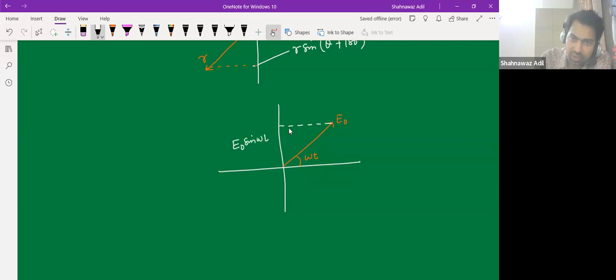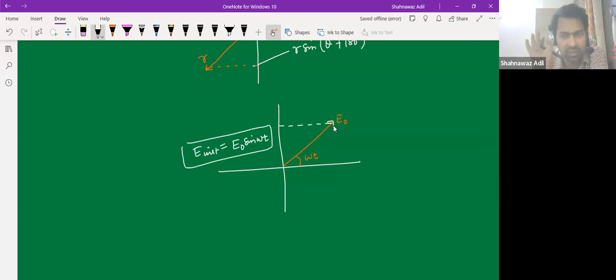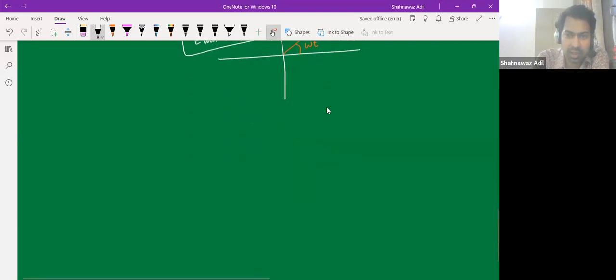So the vertical part will give you the instantaneous value, right? That is the use of this. Clear? Yes, sir.